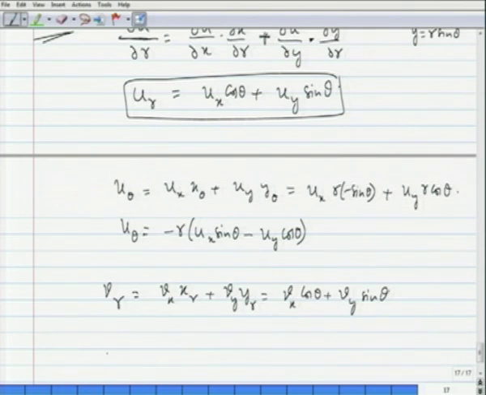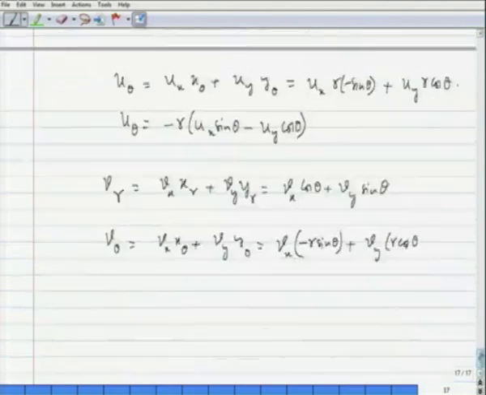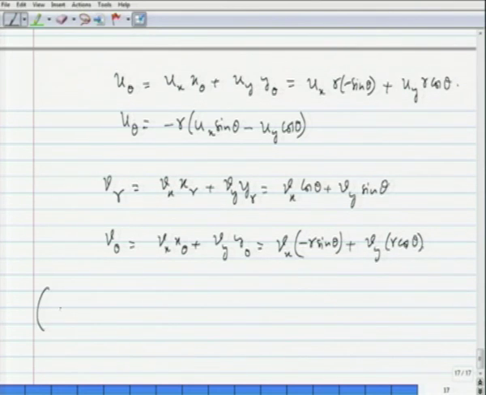And v theta is going to be v x x theta plus v y y theta, which is v x minus r sin theta plus v y r cosine theta. Okay. And we will use the Cauchy Riemann equations u x equals v y and u y is equal to minus v x, sorry, minus v x in these two derivatives.